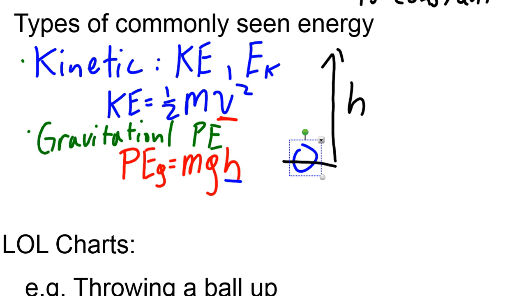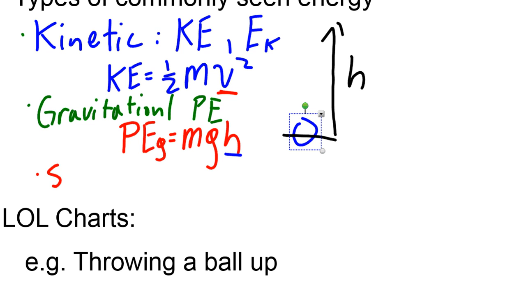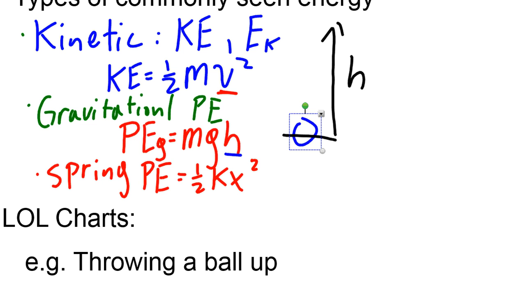Another commonly seen energy that we've discussed is the spring or elastic potential energy stored in an object. That one, which we talked about in class, is equal to 1/2 times the spring constant times the stretch of the spring squared.